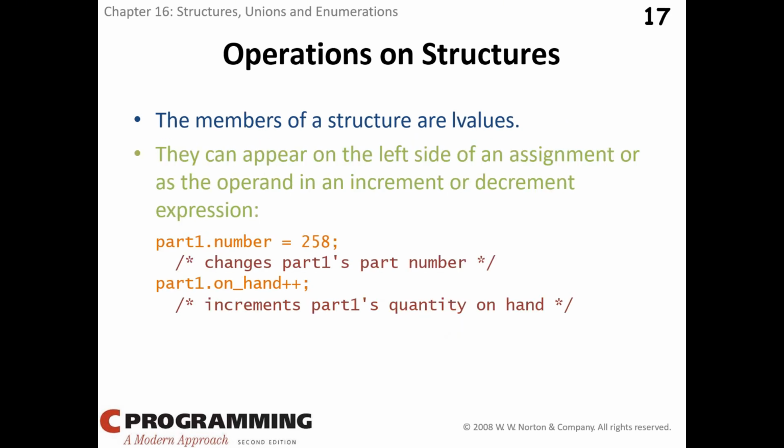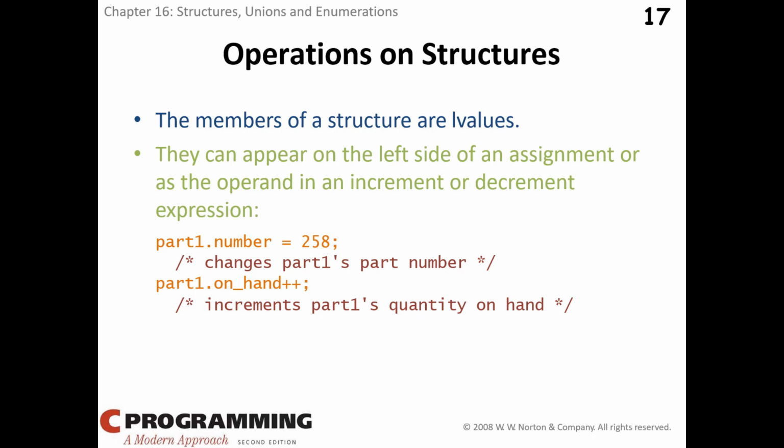It's also important to understand that structure members are considered lvalues. It means that they can appear on the left side of an assignment statement or as the operand in an increment or decrement operation. For example, here in the slide, part1.number = 258 and part1.on_hand++.